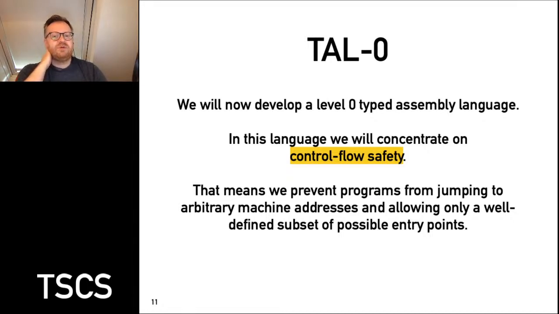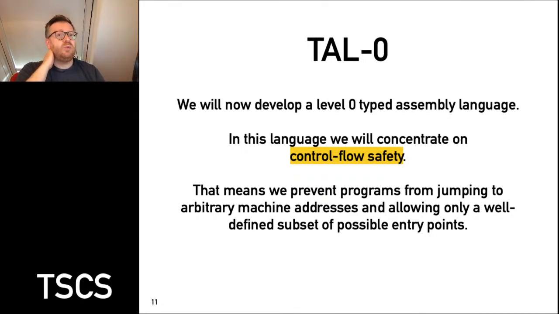And in this language, we'll concentrate on one property alone, which is control flow safety. Control flow safety means that we prevent programs from jumping to arbitrary machine addresses and executing arbitrary code. If we control that, we allow only a well-defined subset of possible entry points.